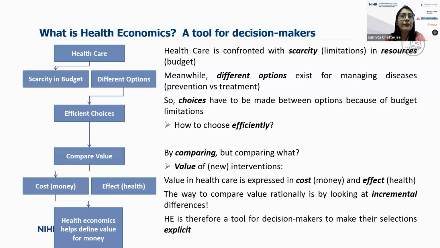In health also, we have to choose. Now, how to choose? When you are thinking of the health of a country, you have to choose efficiently. It's not just choosing anything. You have to think about what you should choose. So that's the crux of health economics.